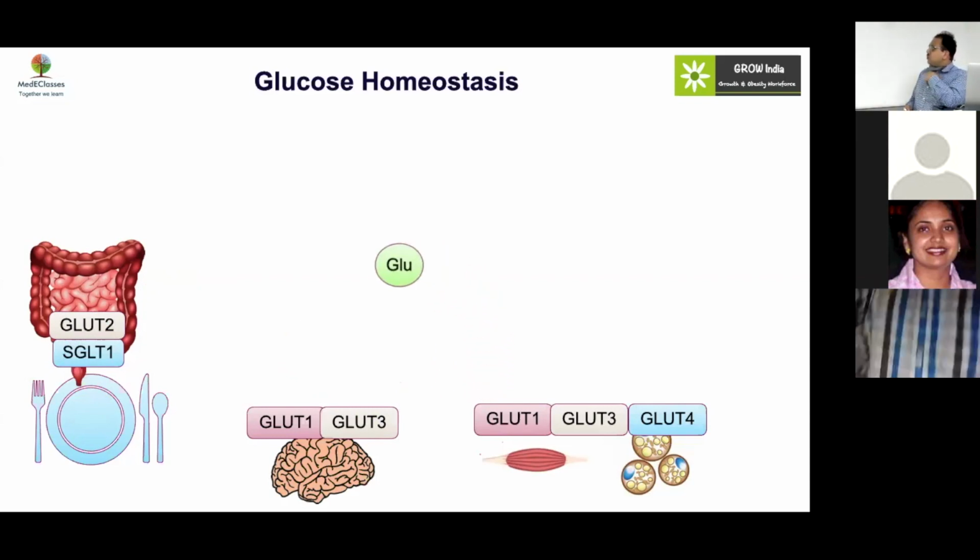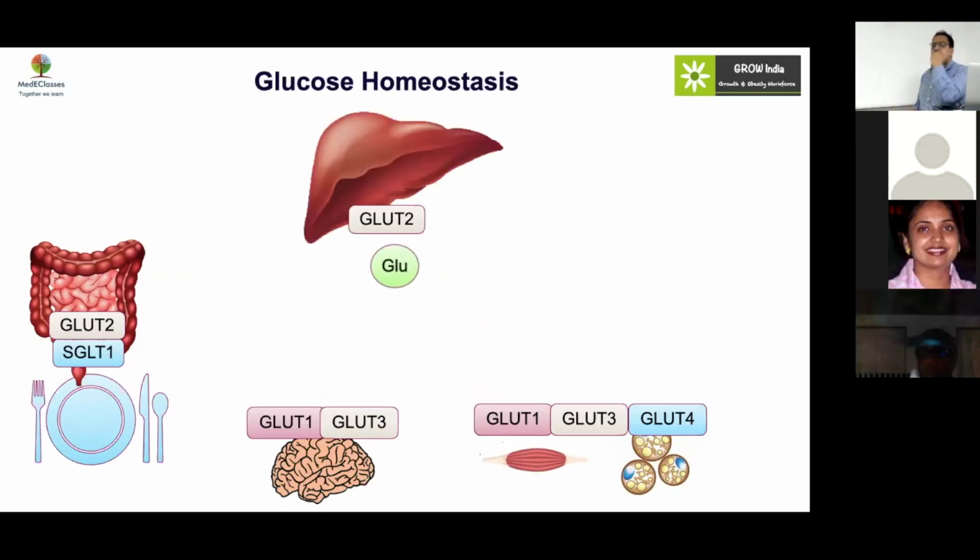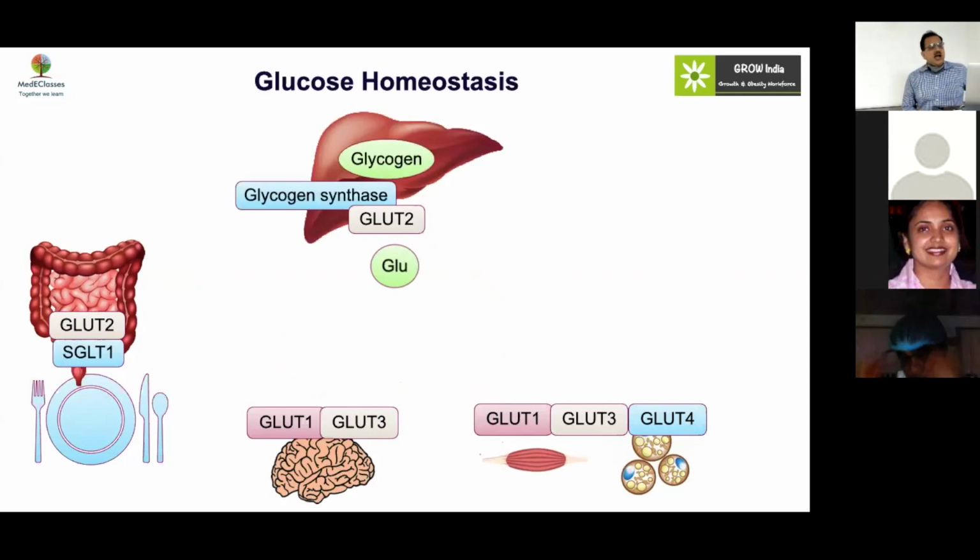Whatever extra glucose is there in the body is then deposited in the liver, which acts like a bank. So this intake is the continuous supply of money you get from your salary, and this is your bank account in the liver, and the key depositor there is glycogen synthase, which converts it into glycogen, and this acts like your fixed deposit.